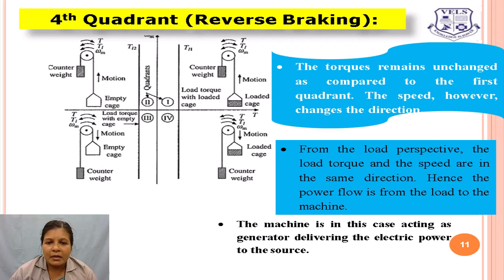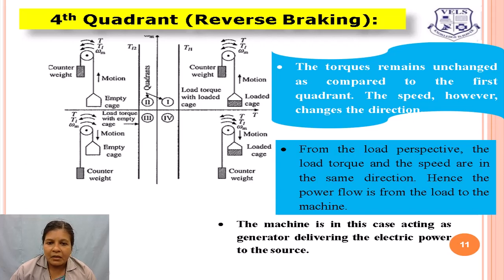Here, since the loaded gauge is moving downward, the direction of the speed has to be downward, and when the direction of the speed is downward, it is considered to be a negative sign. And here we can see that the developed motor torque, that is the braking torque, we have to apply in order to lower the loaded gauge at a safer limited speed.